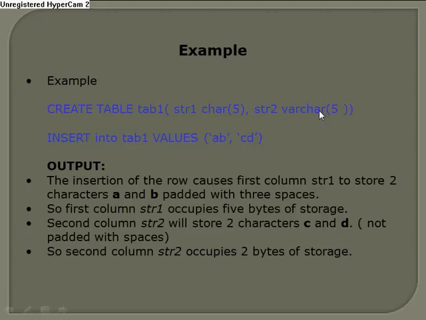But in the variable character we have a string with only 2 characters, so we require only 2 characters. It does not reserve all 5 characters in the database. So this data type is the variable character.